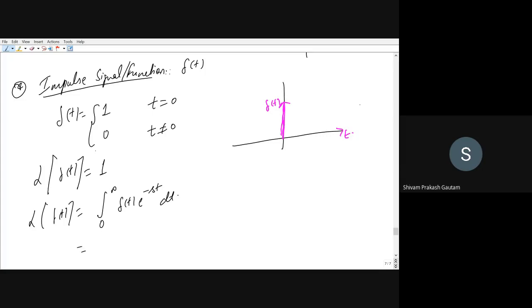It is equal to 1 for t equal to 0, and equal to 0 for all other values. So you can consider this from 0 to 0, or 0 to a very small value, and it is 1 times e to the power minus st dt. Now you can integrate this. This will be e to the power minus st upon minus s.